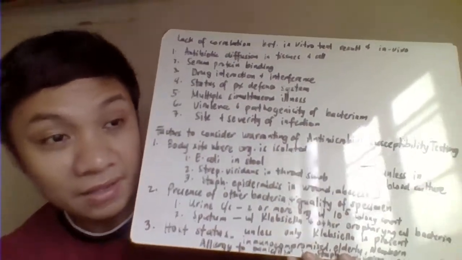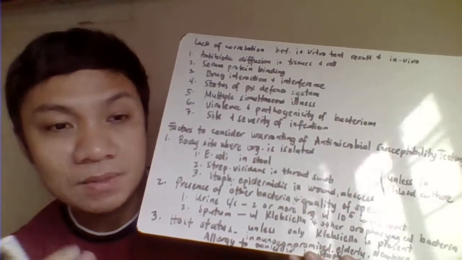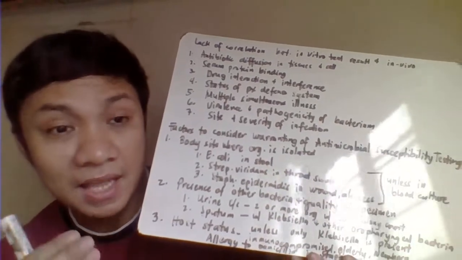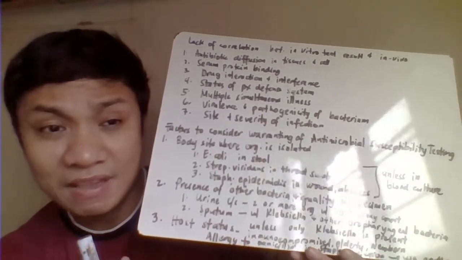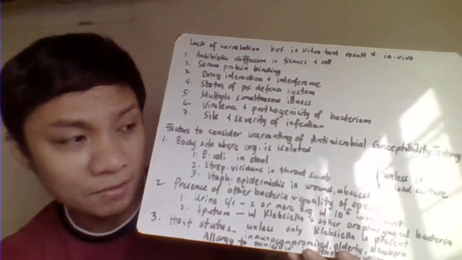So, therefore, okay, you test for that. Pero kasi pag ang stool mismo ang ating sample, or yun ang sinabit patient natin, then E. coli ang isolate mo, it's given naman may E. coli yan. Why treating for that? It's not the one causing the infection.